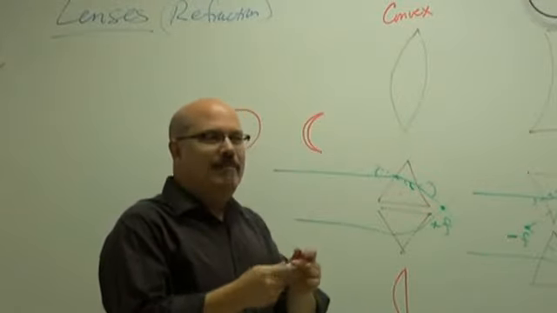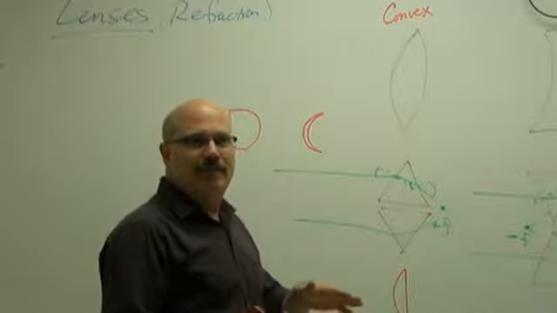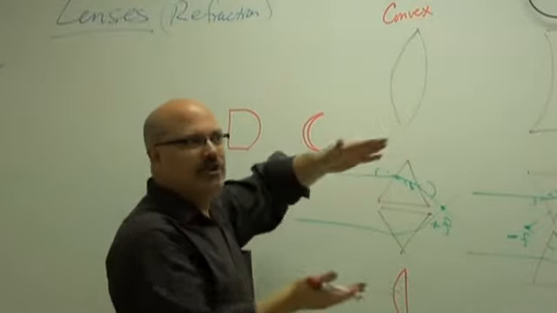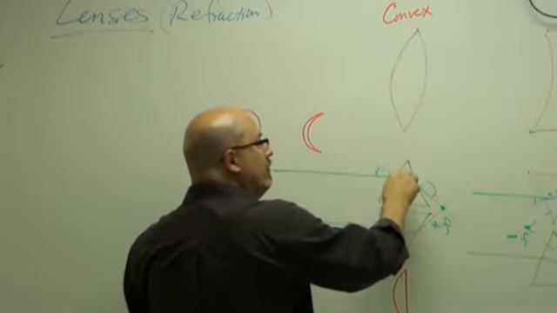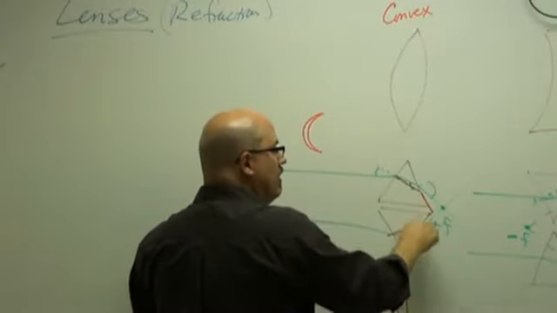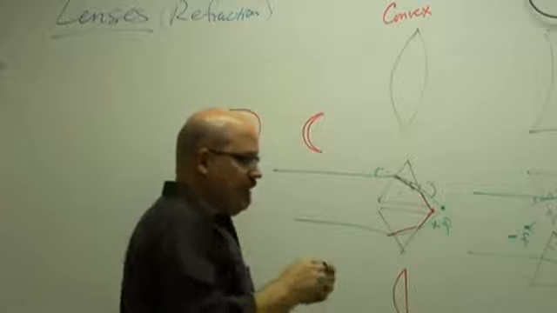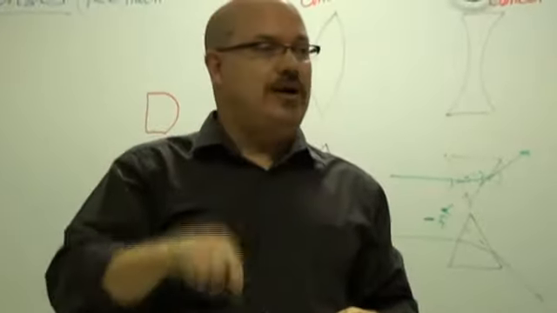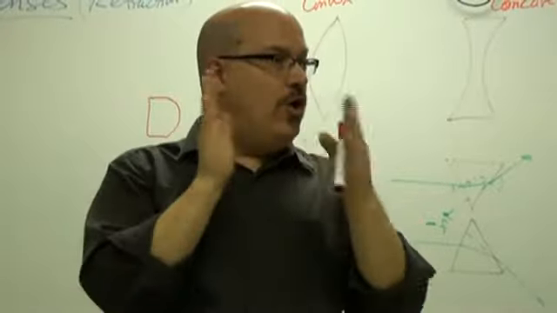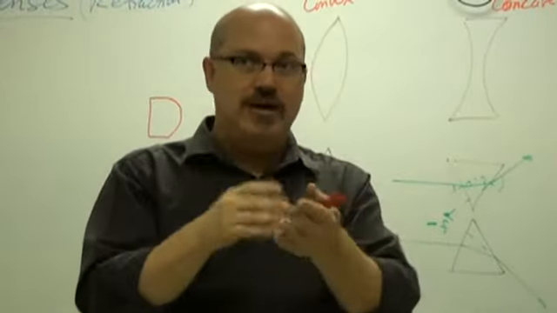Which one bends it more, water or diamond? Diamond. Diamond will have a bigger change in speed, right? So it'll bend farther inward. Okay? So here's the deal. The higher the index of refraction of the material, the smaller the focal length is going to be for the same shaped lens.